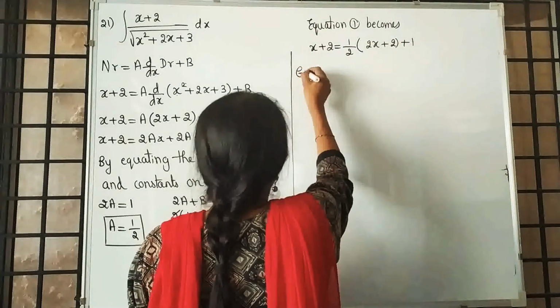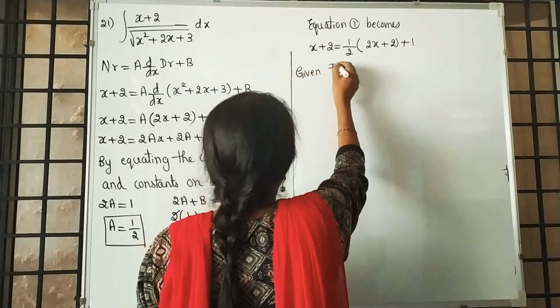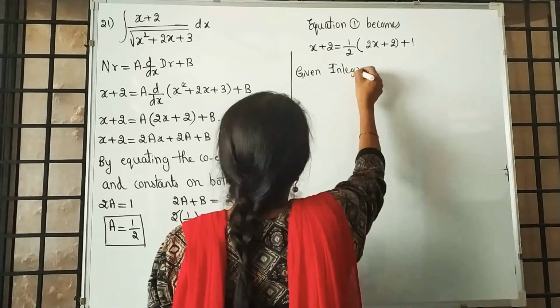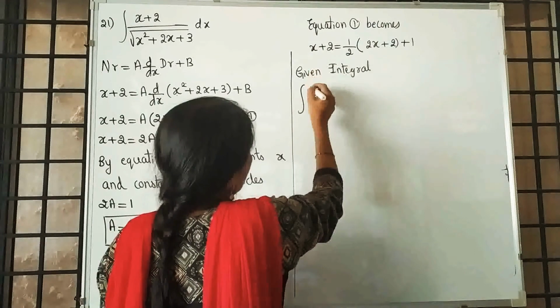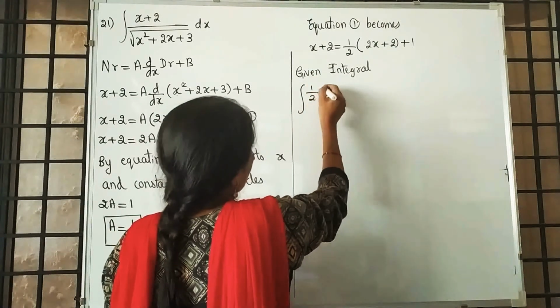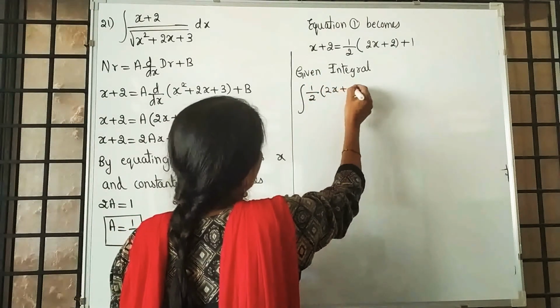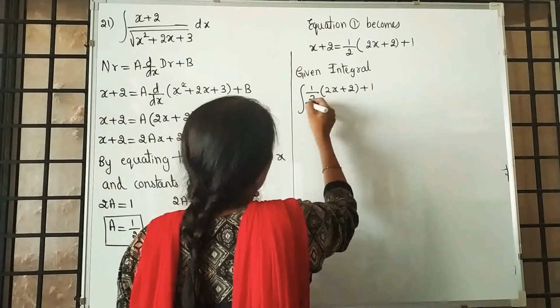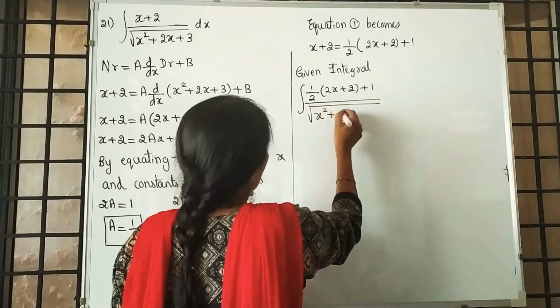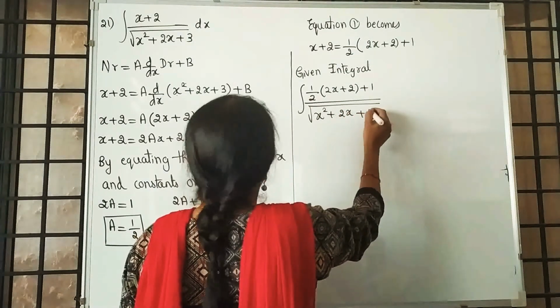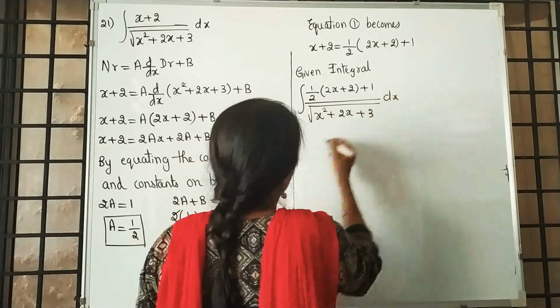Now write down this value in the given integral. Given integral is, in place of x plus 2 we have to write 1 by 2, 2x plus 2 plus 1, upon root of x square plus 2x plus 3 into dx.